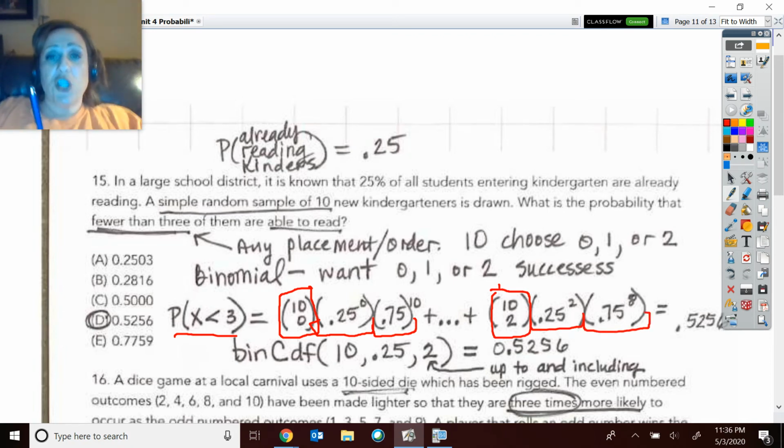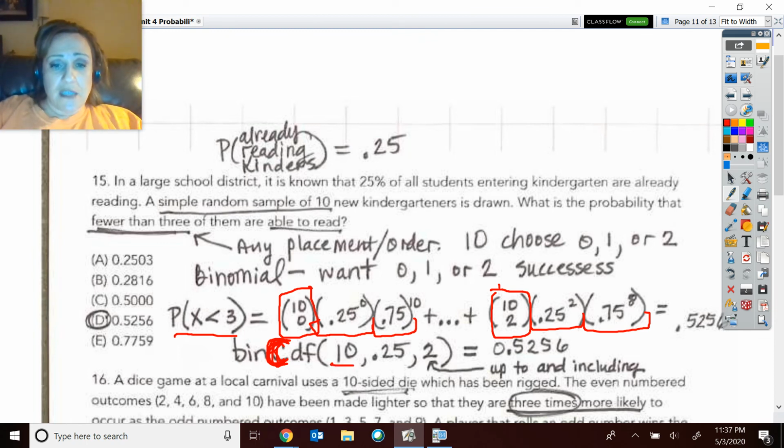Now, I wanted to accumulate in my calculator the 0s, the 1s, and the 2s. So calculator accumulates from 0 up to and including a certain spot. So when I put this into my calculator, I wanted to do a cumulative probability. I wanted to accumulate the 0 successes and the 1 successes and the 2 successes.